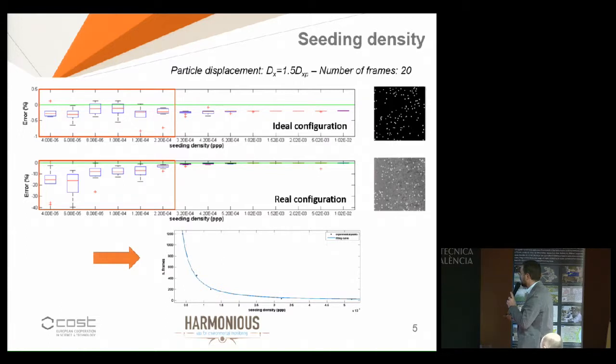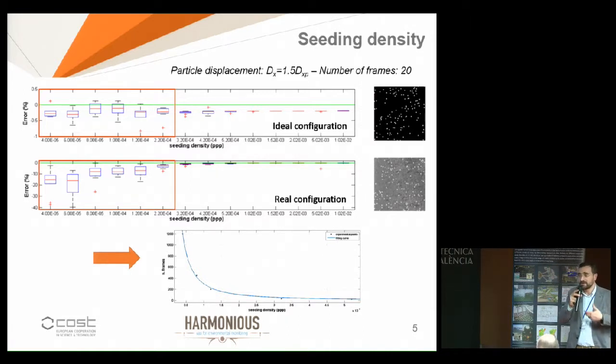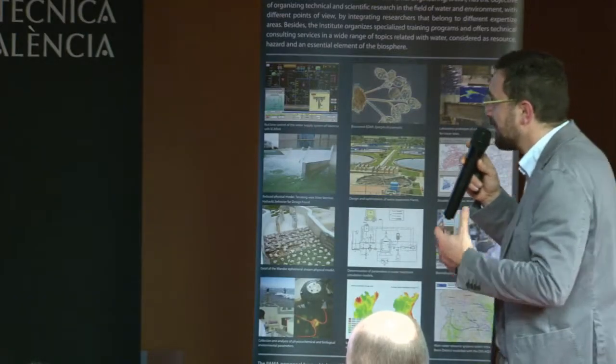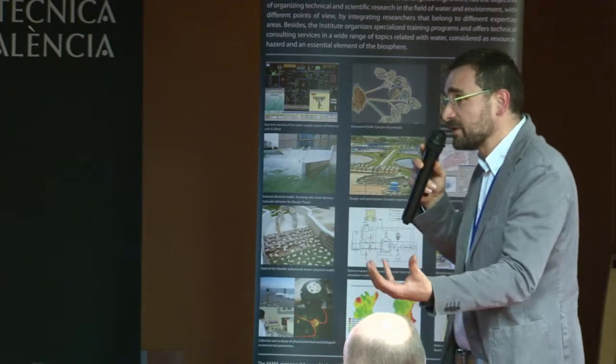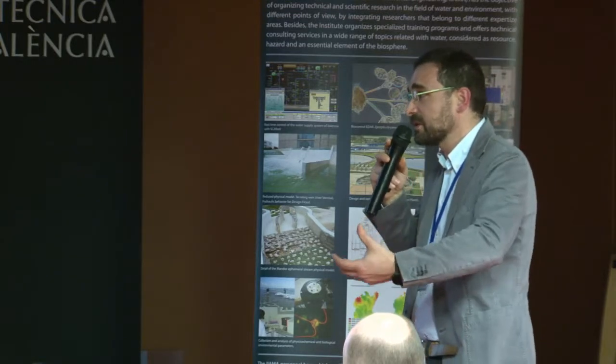Let's focus more specifically on the real configuration, where we have a more realistic numerical simulation with a real background, with particles that are associated with random distribution of colors, but in this case uniform, randomly distributed in space and moving with a constant velocity.